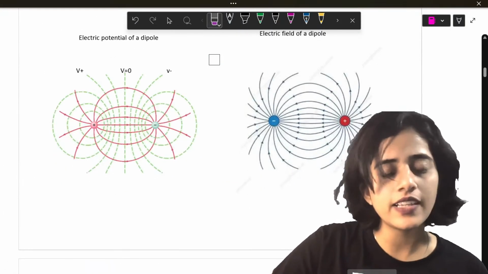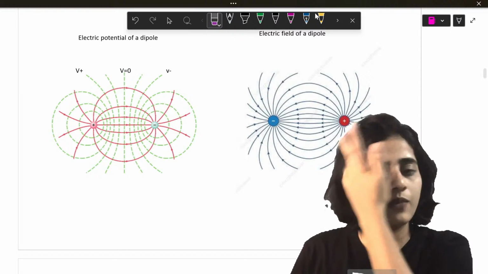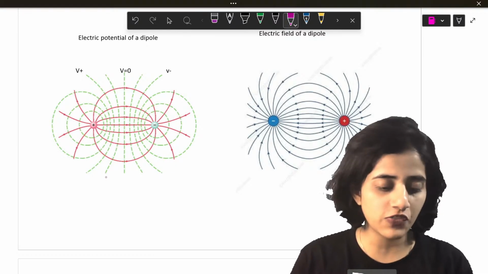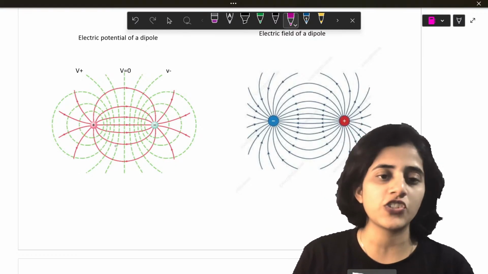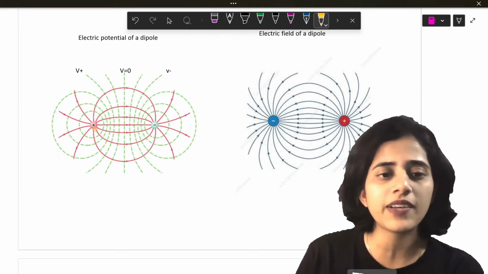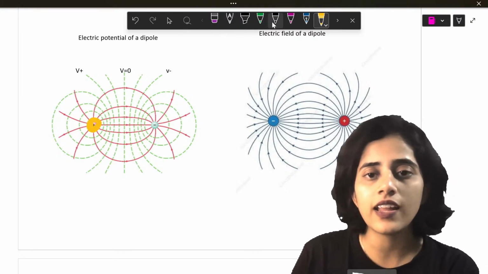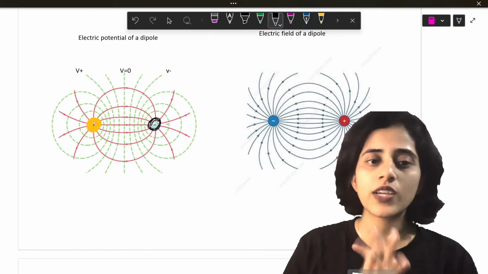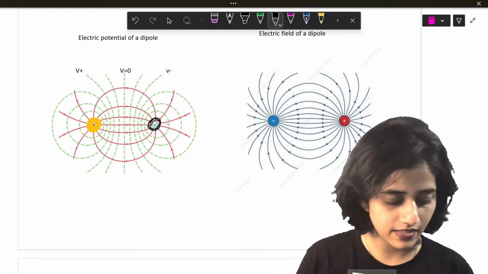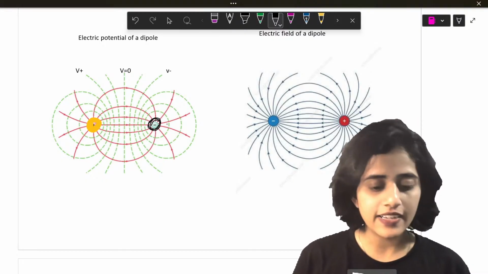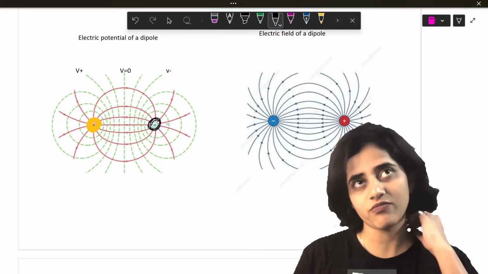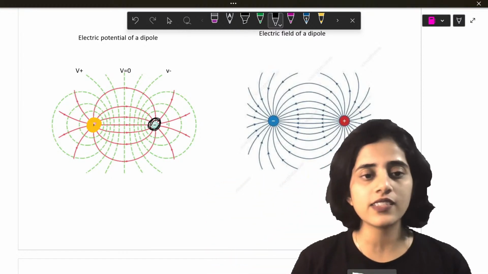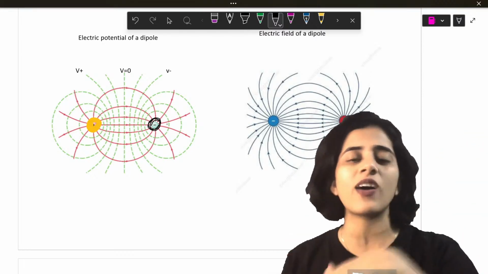Now, let's look at the electric potential of a dipole. If you have a dipole, for example, a positive and a negative charge, this is a positive charge, and let's take black, this is a negative charge. Both of these together make a dipole. We've already learned in our previous classes that if you have a positive charge, field lines always move out of the charge.